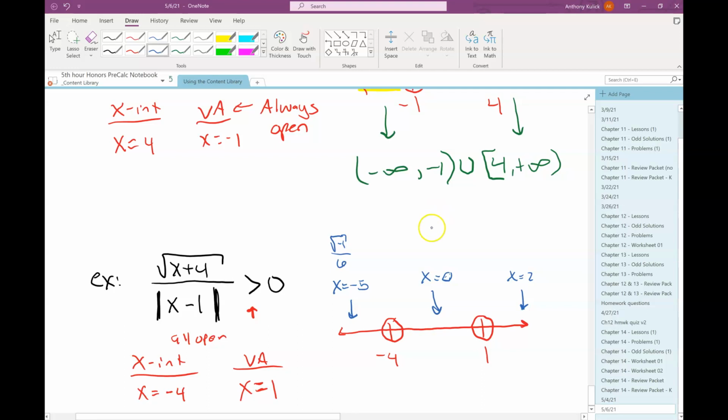If I plug 0 in, I get 2 over 1. So that's positive, that section. That would work. If I plug 2 in, that's the square root of 6 over 1. That's positive, so that will work. So for greater than 0, we have this section and this section.